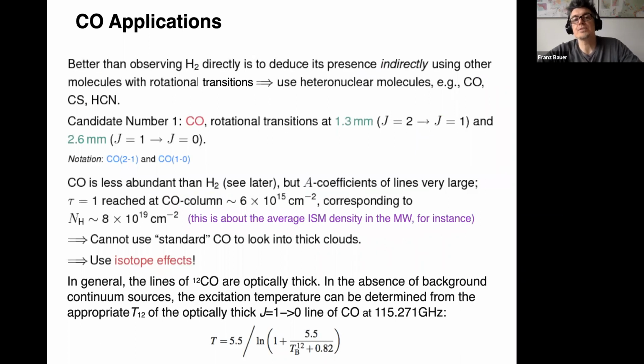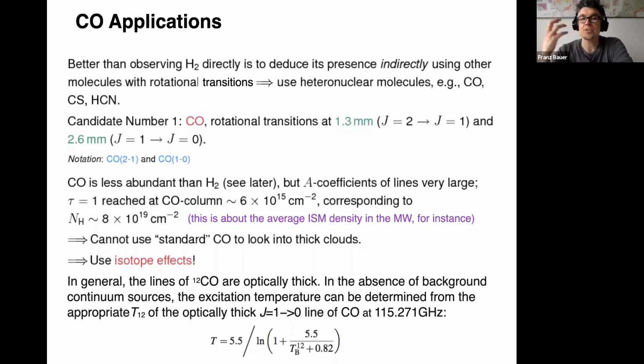CO is a very powerful tracer because it's one of the brightest lines. Even though CO isn't typically that abundant compared to neutral hydrogen or molecular hydrogen, in terms of its brightness, it's one of the brightest emission lines in the millimeter band to track things.